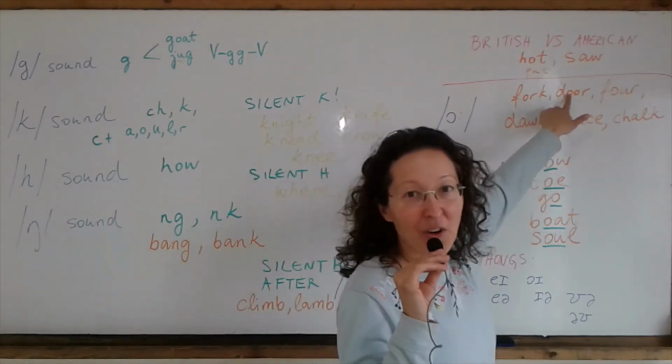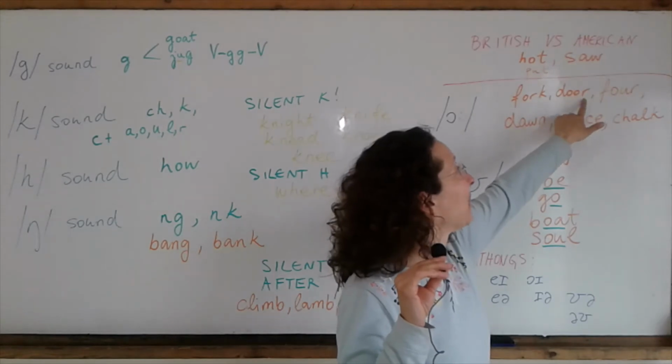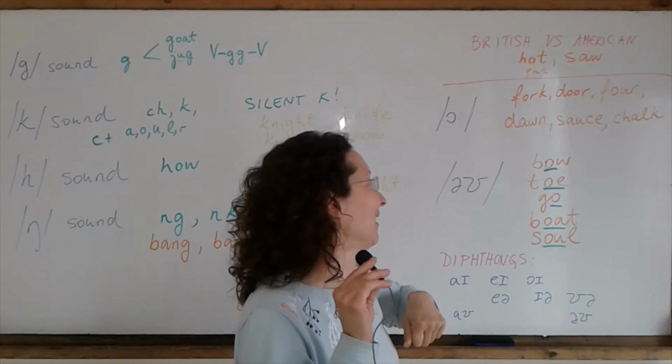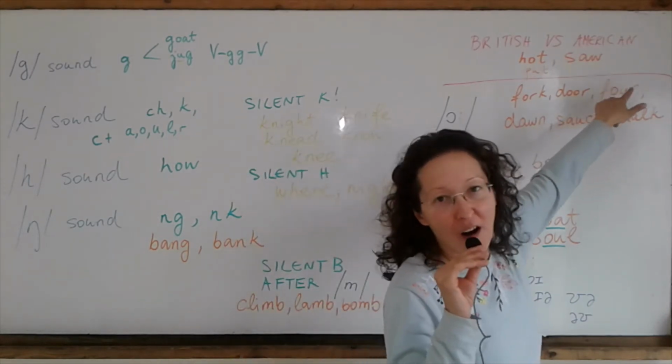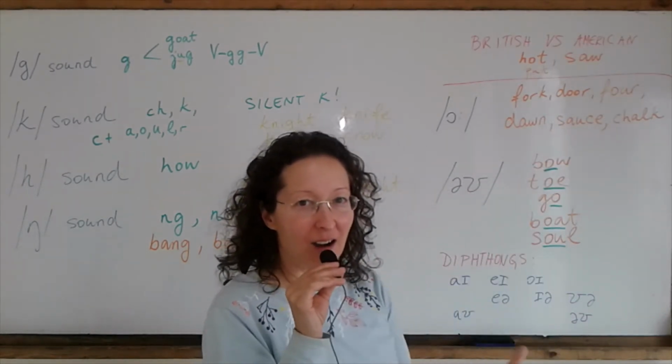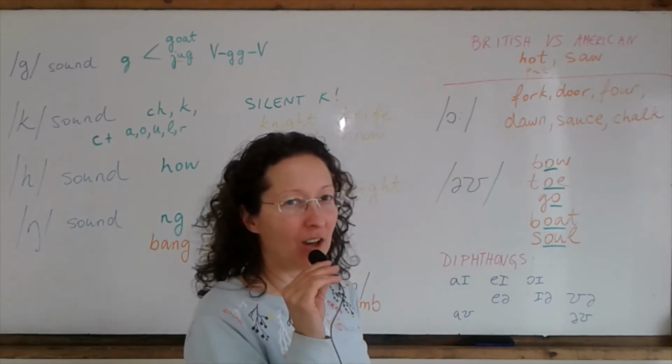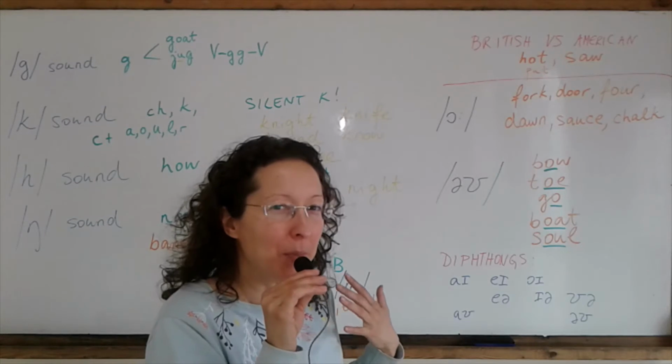Double O, door. Probably because the R is at the end. For, again, the letter R is changing the quality of what might probably be oo.